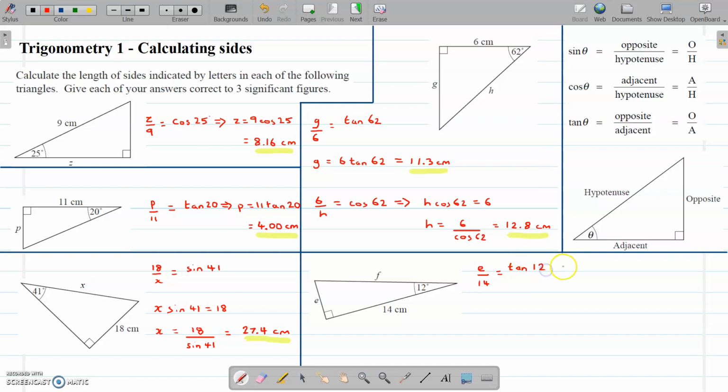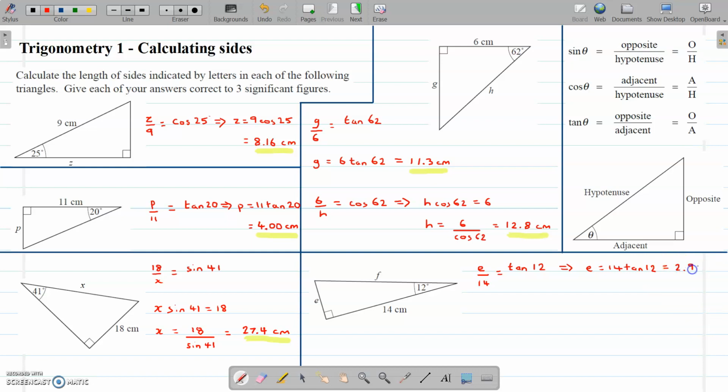That implies that E is 14 times the tan of 12, and 14 tan 12 comes to 2.98 centimeters.